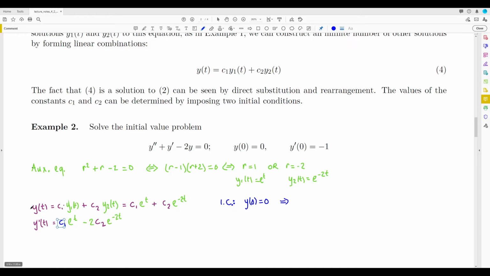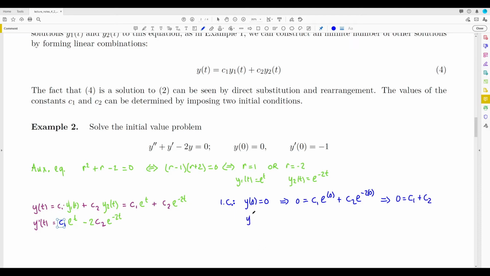That leads to 0 equals c1 e to the power 0 plus c2 e to the power negative 2 times 0. And when you simplify that, you get that 0 equals c1 plus c2.